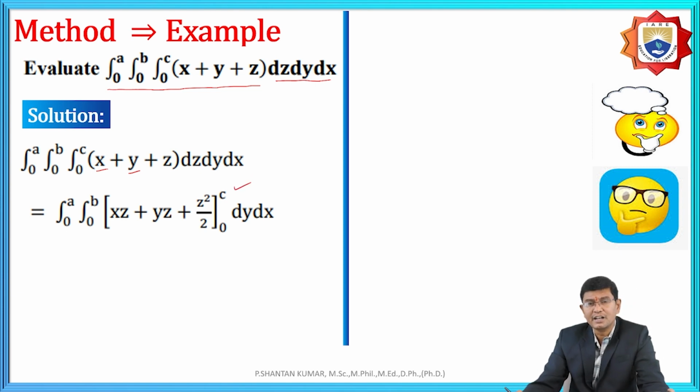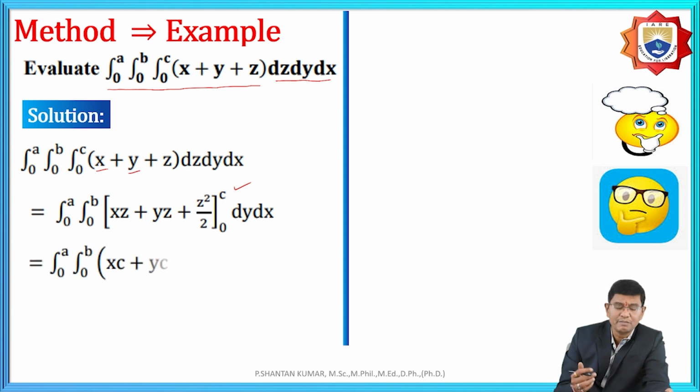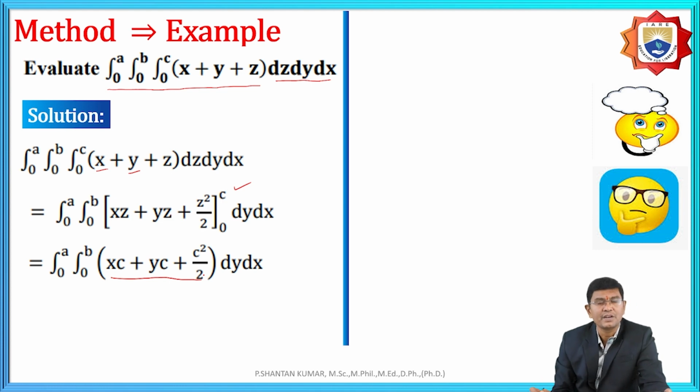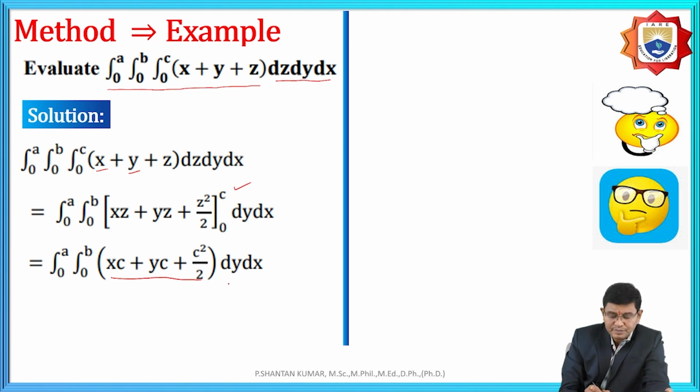Now again we need to replace z, with the upper limit c and the lower limit a. While replacing the upper and lower limit, the expression will be xc plus yc plus c square by 2 into dy dx. Now again we need to integrate with respect to y, because the second inner variable is y.